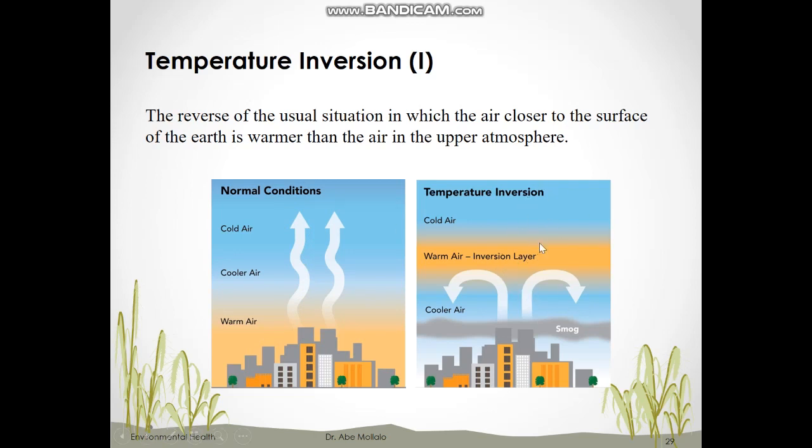This is because pollutants or smog build up and are trapped close to the ground, and a warmer air layer acts like a cap and holds this smog near the surface of the earth. Warm air is above the cooler air, so that's the temperature inversion. But above this warm layer, again, as we move up in the atmosphere, the temperature decreases.